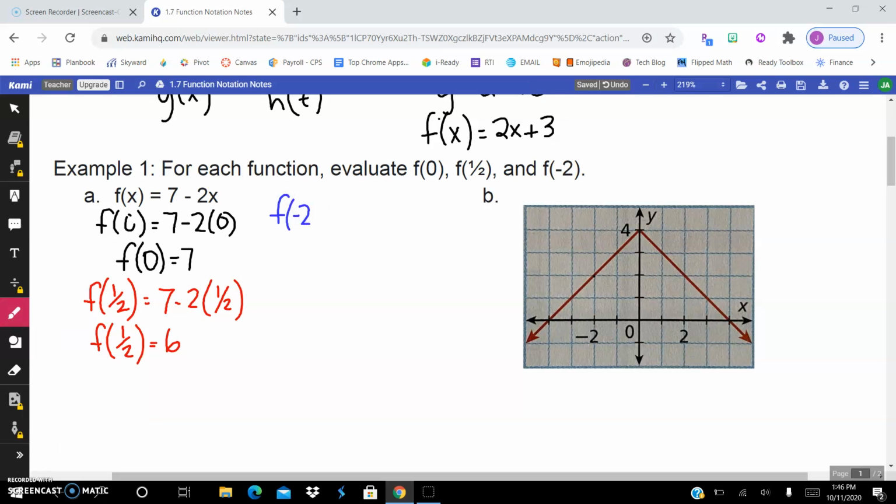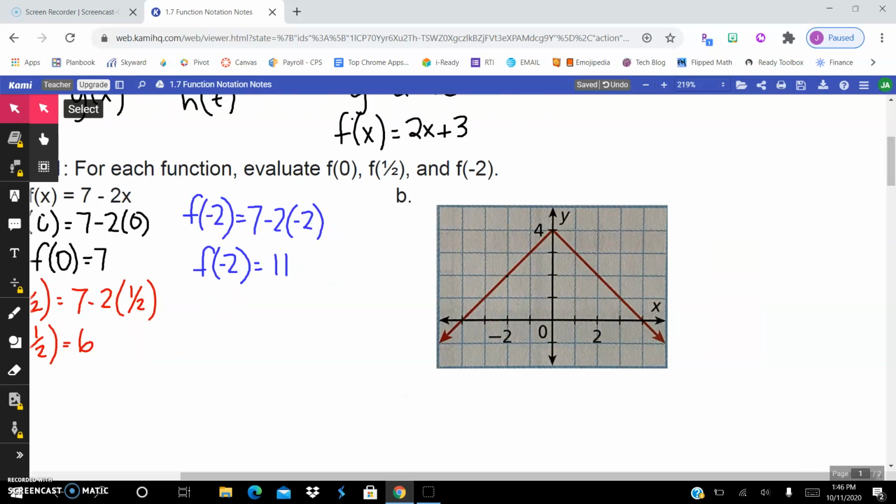So f of -2 is going to equal 7 minus 2 times -2. And the -2 times the -2 is a +4, so that would be 7 plus 4. So that would equal 11. So my 3 answers for part A would be 7, 6, and 11.